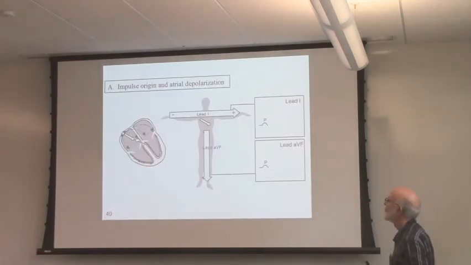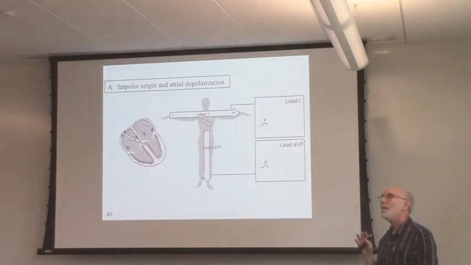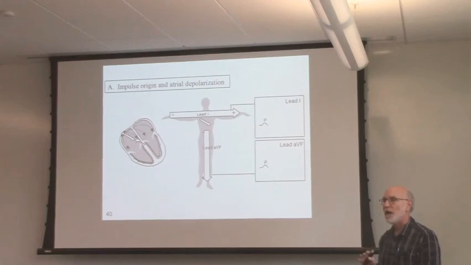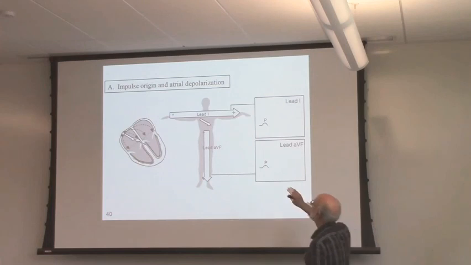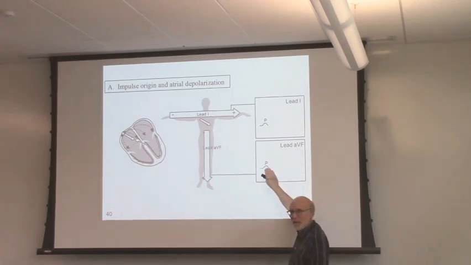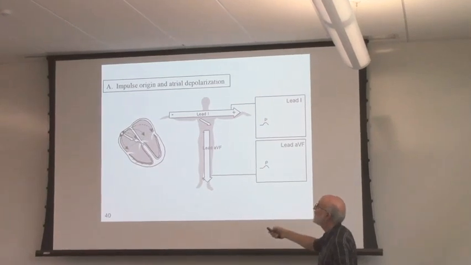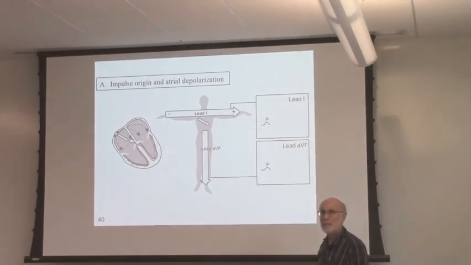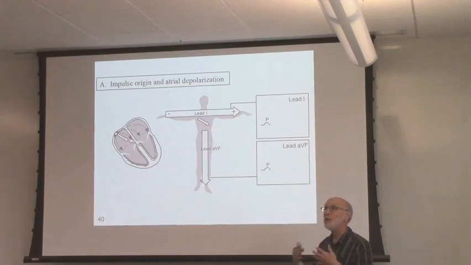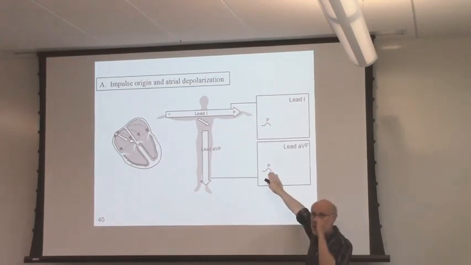So let me rush through the next few slides, because all I want to do is introduce the ECG. The P wave represents the spread of depolarization throughout the atria. So the atrial depolarization shows up as the P wave.